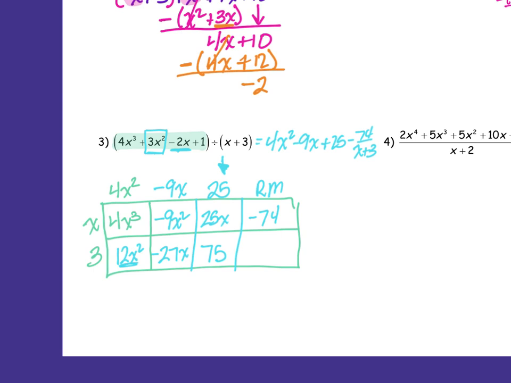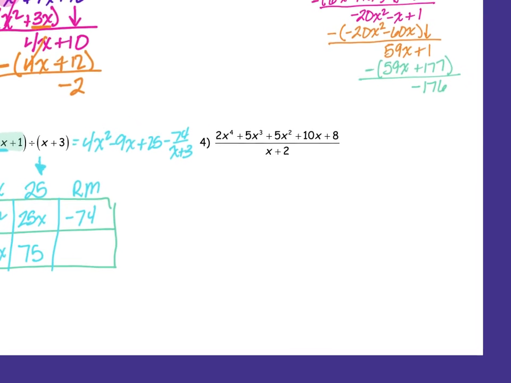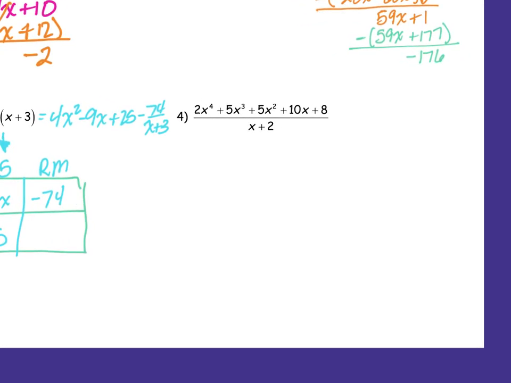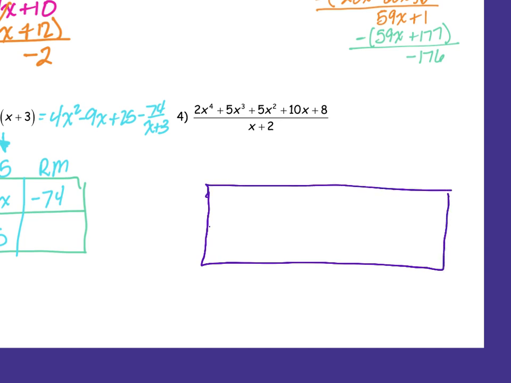Okay, I'm going to do this one more time, and then we're going to see how you guys do on your own with this for a little bit. So now I'm dividing by x plus 2.